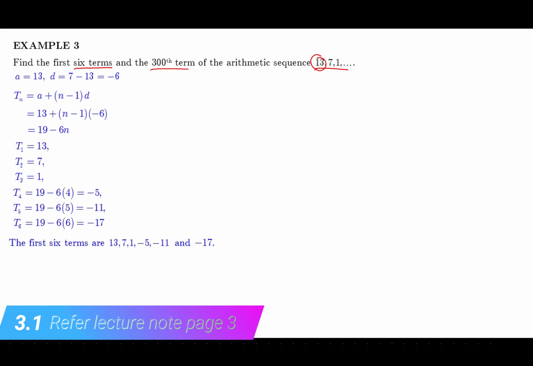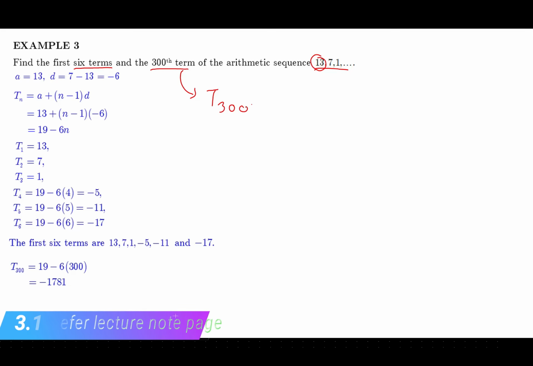So to find the 300th term, this is actually T300. To do so, we have to substitute our n with 300, and calculating it, we will get negative 1781 as our T300. And we're done.